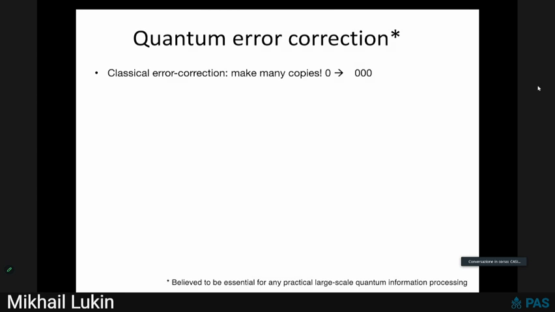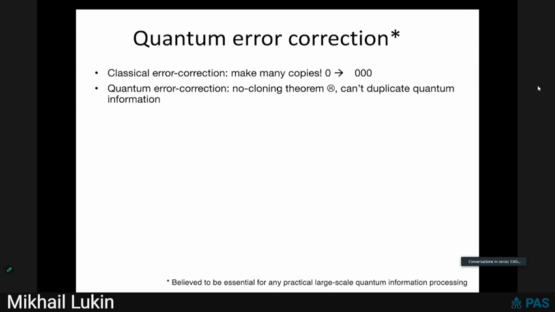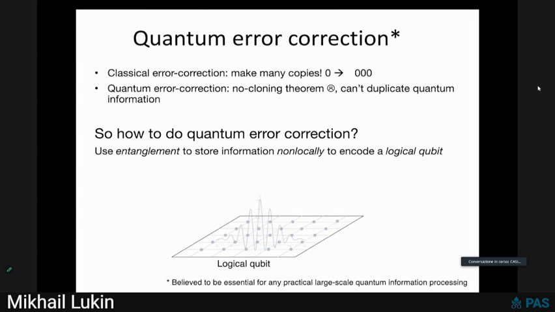This idea, at least on the surface, does not extend well to quantum computing, because there are things like the no cloning theorem. You cannot duplicate quantum information. Also, usually when you measure, you collapse the state.